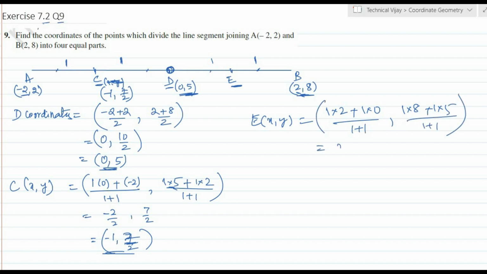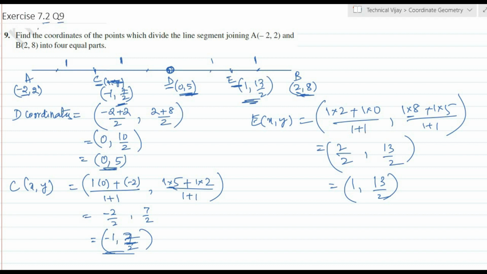So 2 divided by 2 comma 8 plus 5, 13 divided by 2. So it is equal to 1 comma 13 by 2. So the coordinates are minus 1 comma 7 by 2, and 0 comma 5, and 1 comma 13 divided by 2.